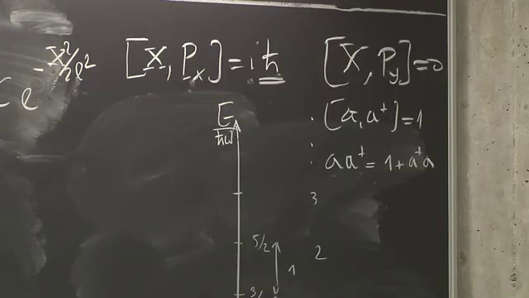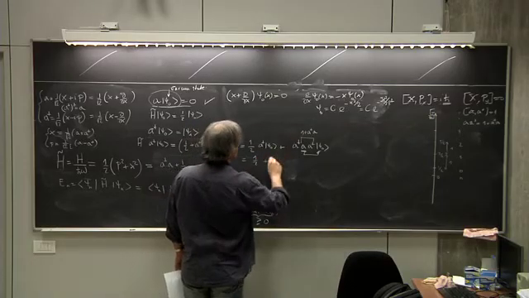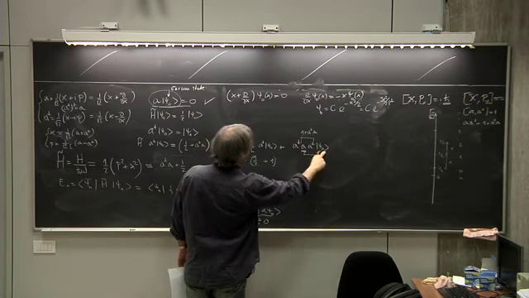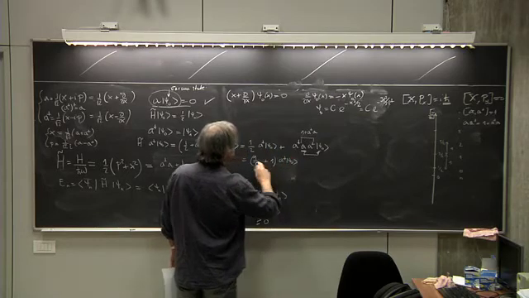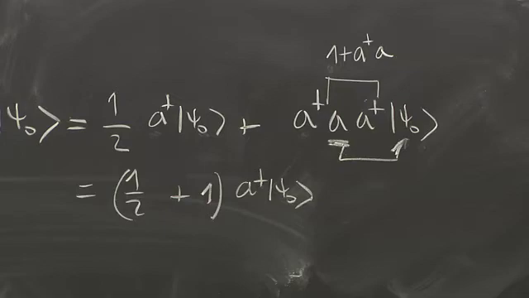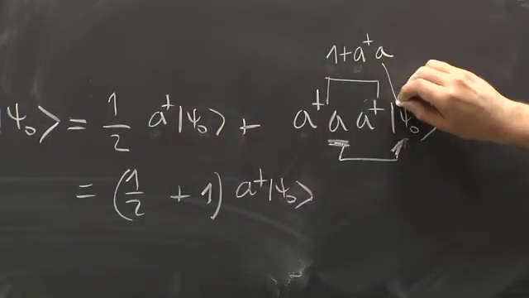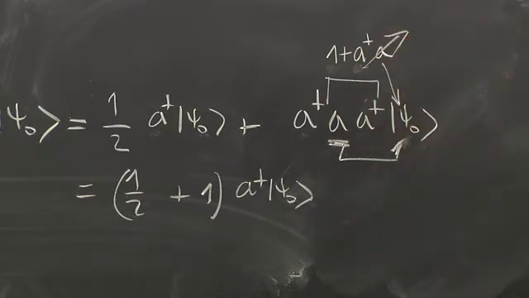Now, the 1 then leaves 1/2 plus 1. You see that the other state is just A dagger psi 0, like that. So this one gives you the promised 3/2. And the other piece is actually with an A close to psi 0, so it gives you 0.